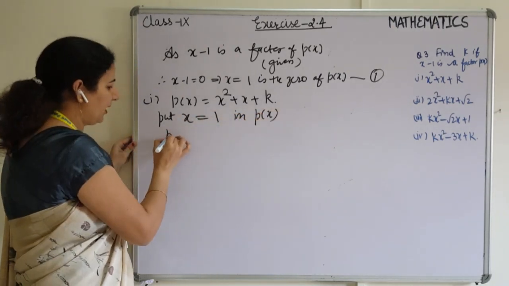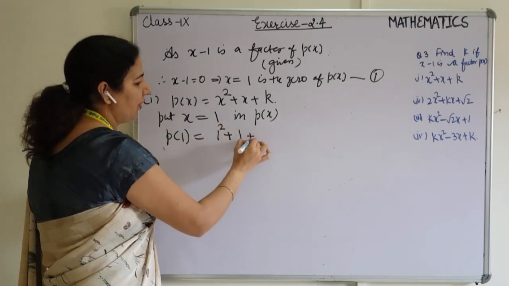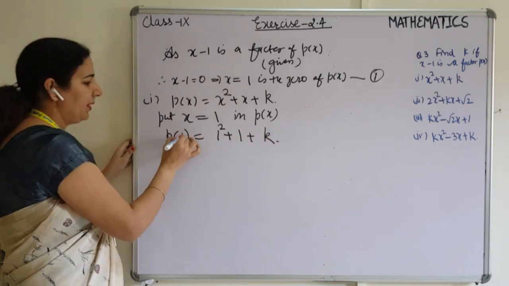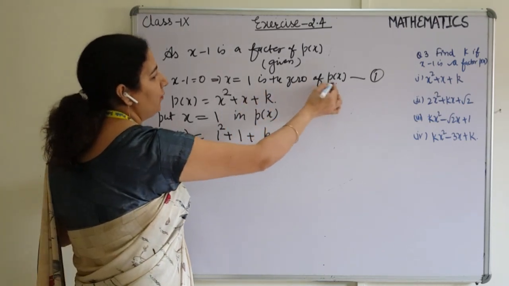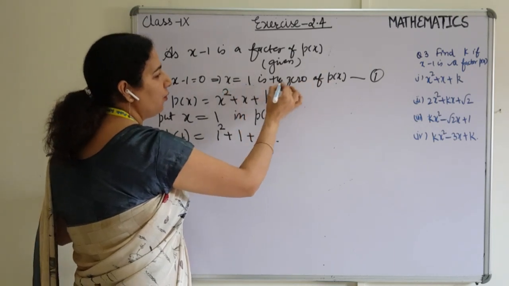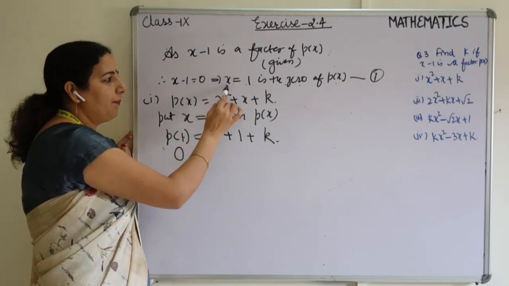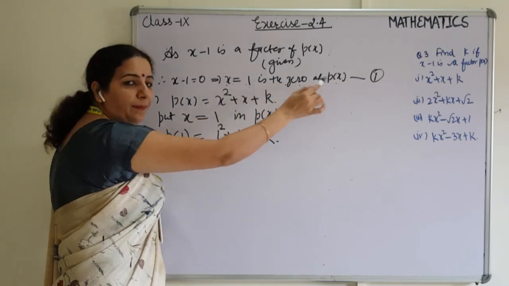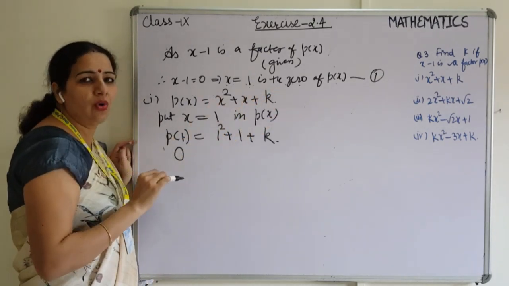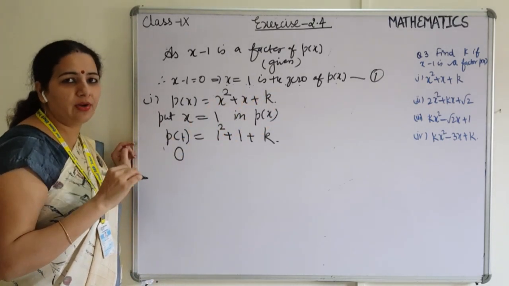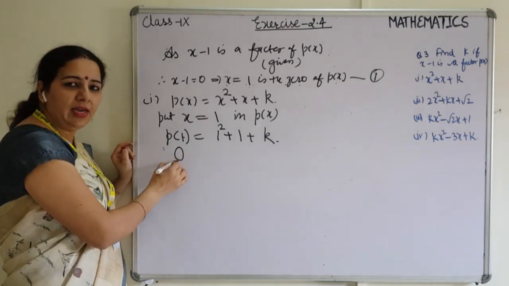Then px will become p1 is equal to 1 square plus 1 plus k. p1 we can write equal to 0 by 1, because x is equal to 1 is the 0 of the polynomial. It means whenever you put x is equal to 1 in the polynomial, it will become p1 and it should be equal to 0, because if it is a 0 of the polynomial, it means it is completely divisible, means the remainder will be 0.